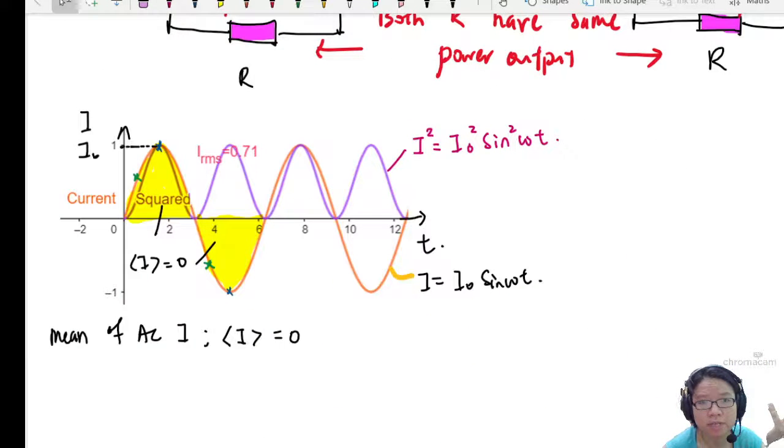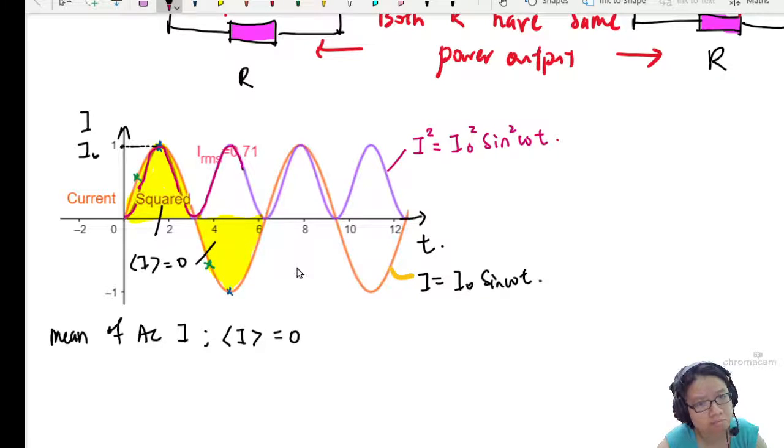All right, so right now, since we cannot find the average current, we will just square the current such that the graph is always positive. So you look at this purple graph, always positive. Beautiful. That way your average will never be 0. Okay, and so now the question remains, is this a good enough representation?